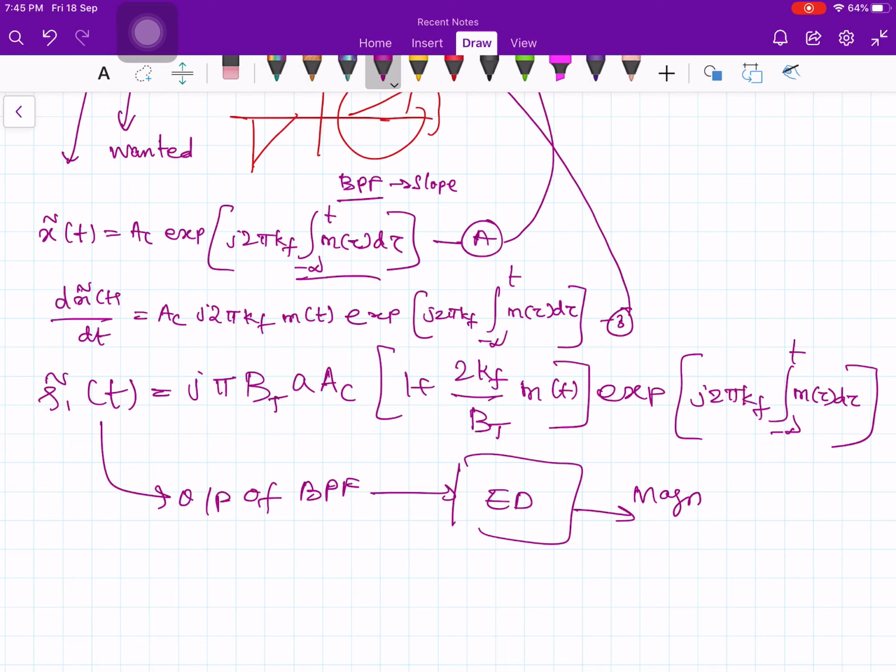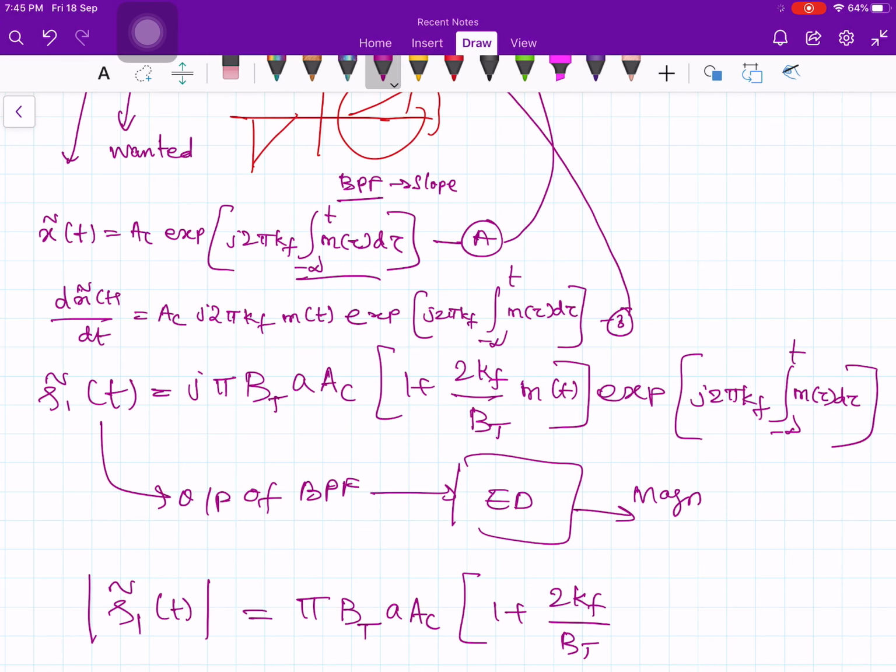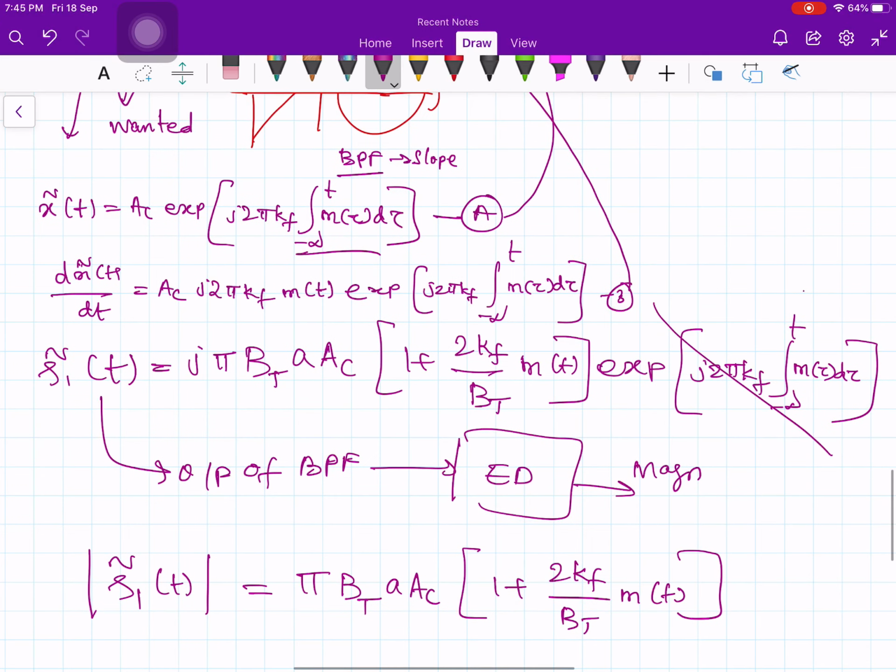So S1 tilde of t, take magnitude, then it becomes pi times b suffix t times a times AC multiplied by 1 plus 2 kf by bt m of t. This exponential term will go away.